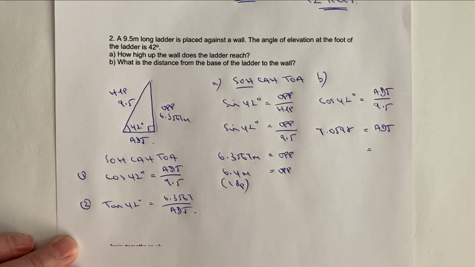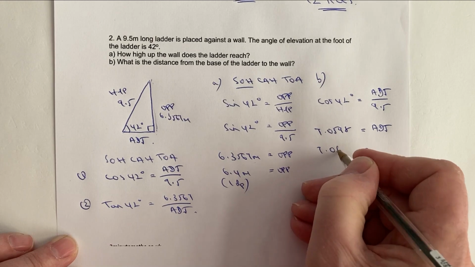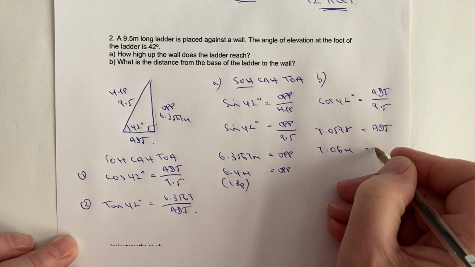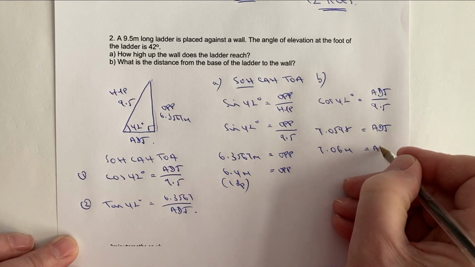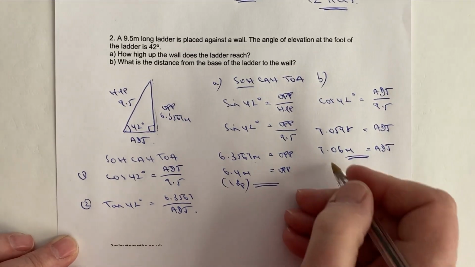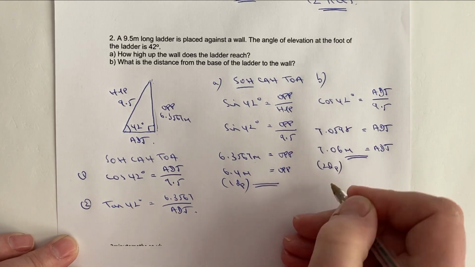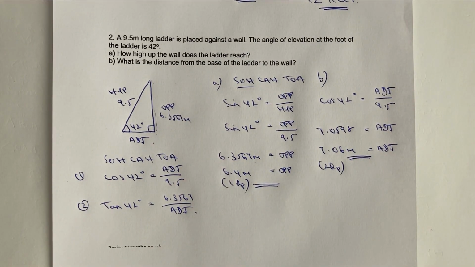So in other words, to 1 or 2 decimal places, let's call it 7.06 meters, and that is the adjacent. Okay, so those are my 2 answers. And this is also going to be to 2dp for this one.